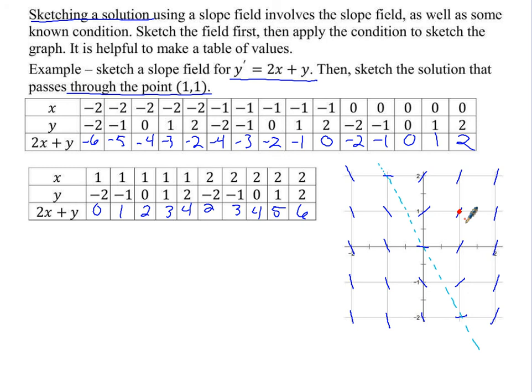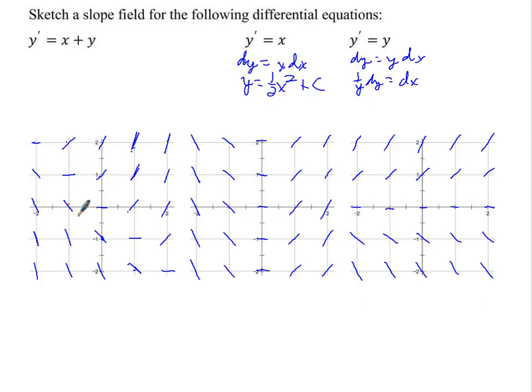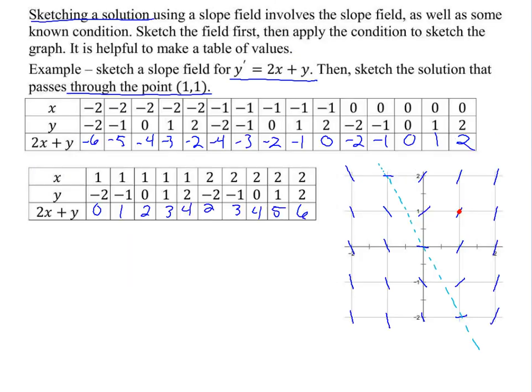Also notice watch for places where the graph will never cross. Like we had, let me go back real quick. We had here, this line, the graph will never cross that. So watch out for places like that here. Do we have any of those here? Actually, we do.